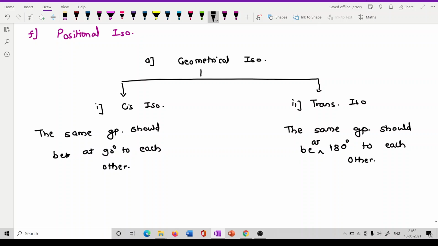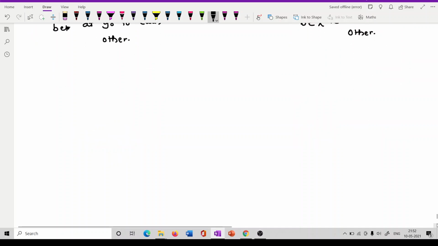We are going to discuss three important geometries: the tetrahedral geometry, square planar geometry, and the octahedral geometry.